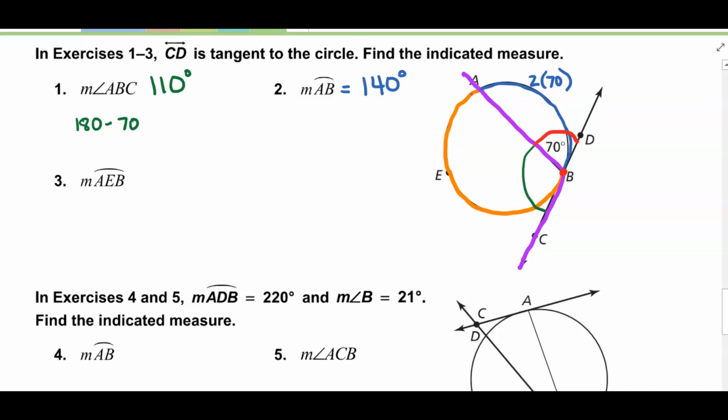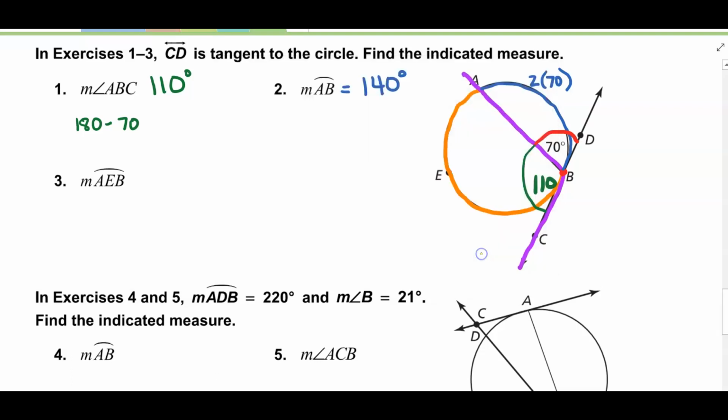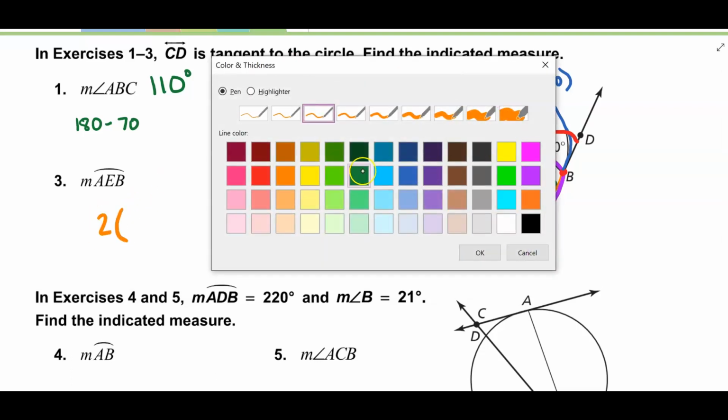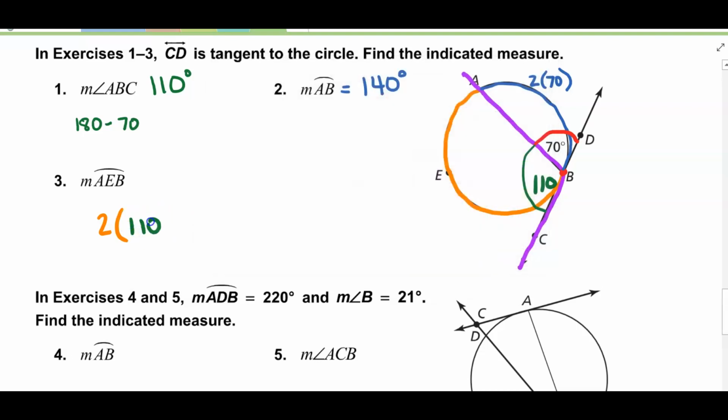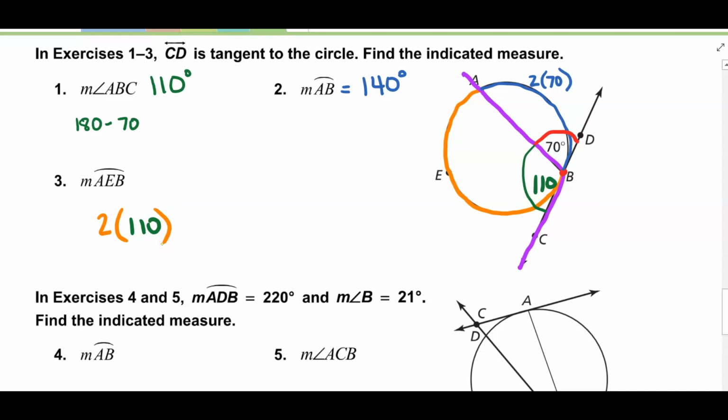That's the entire intercepted arc for that angle. And we just said that entire angle was 110 degrees. That arc is going to be 2 times the 110 degrees. So that entire arc is going to be 220 degrees.